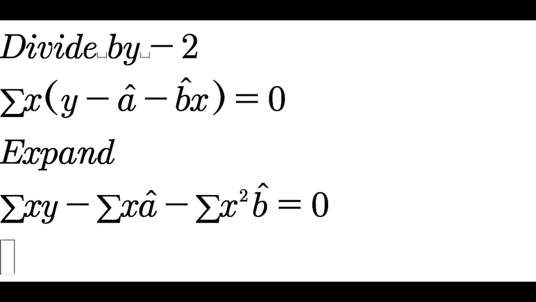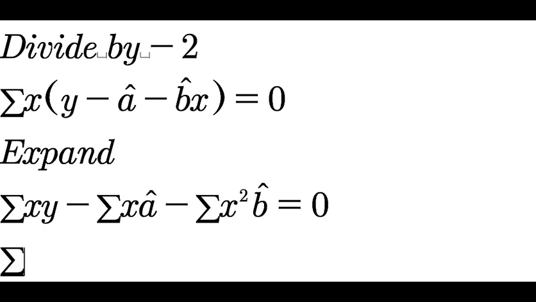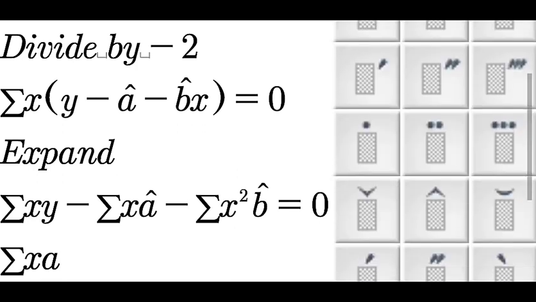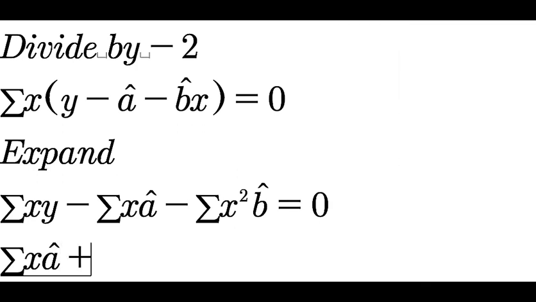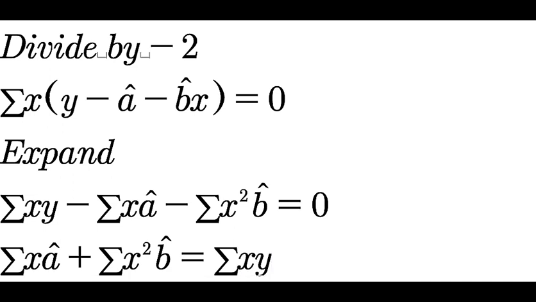So we have summation x a hat plus summation x squared b hat equal to summation xy. Let us call this equation B.